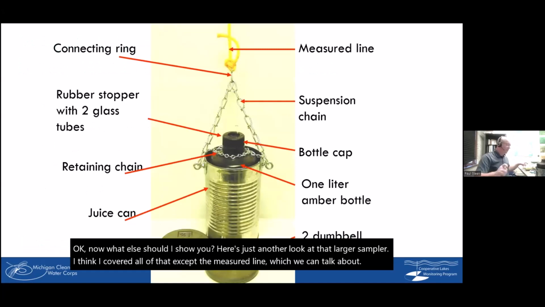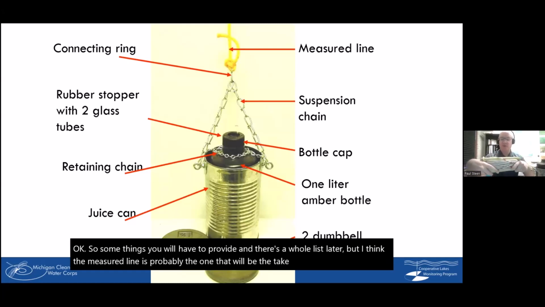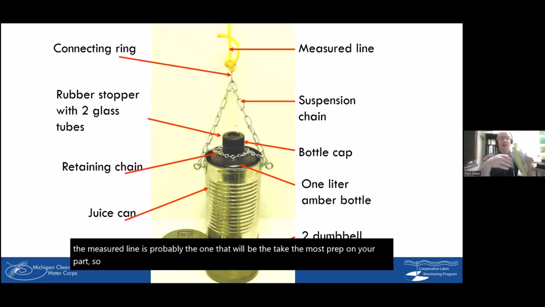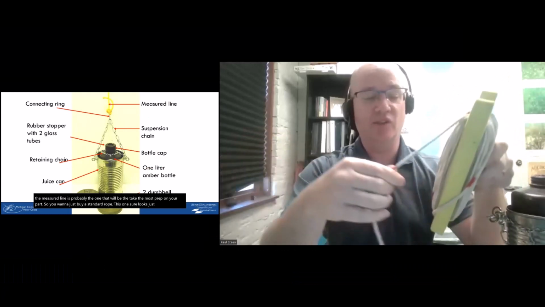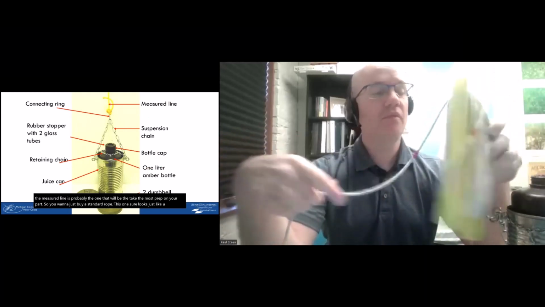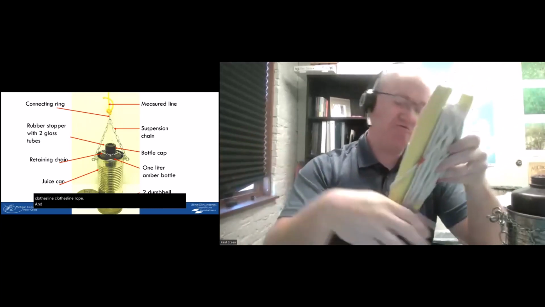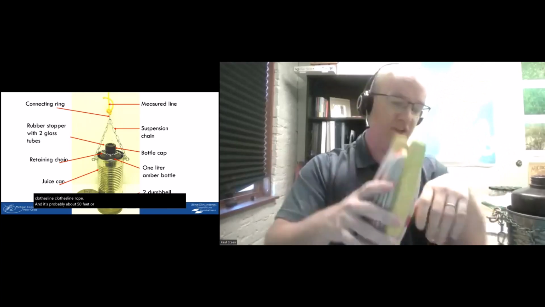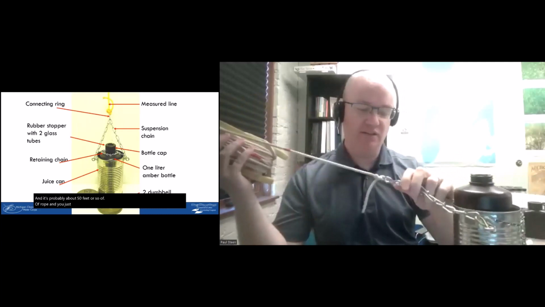Okay, so some things you will have to provide, and there's a whole list later, but I think the measured line is probably the one that will take the most prep on your part. So you want to just buy a standard rope. This one sure looks just like a clothesline rope. And it's probably about 50 feet or so of rope, and you just attach it on here.